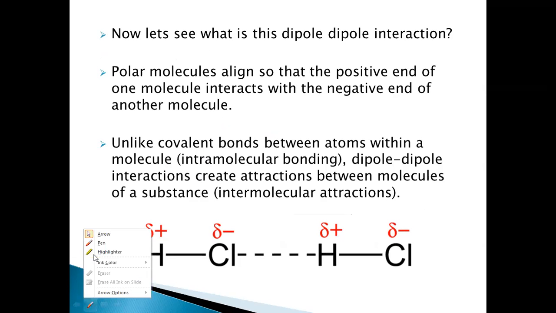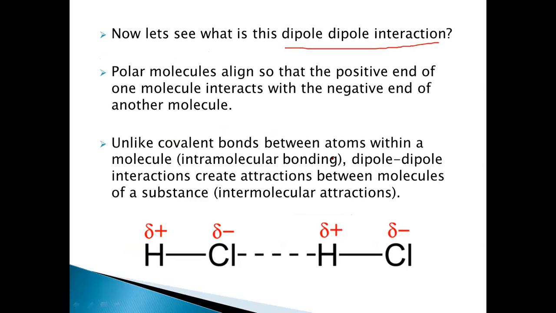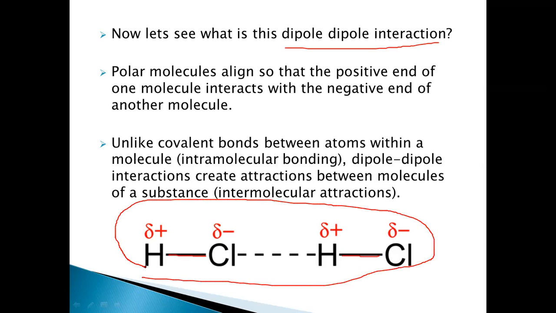Now let's understand what is this dipole-dipole interaction. As we've understood the concept of what is a dipole, now understand what is this dipole-dipole interaction. So we know that this is a covalent bond and this is also a covalent bond. So the molecules will align in such a way that it will be more stable.